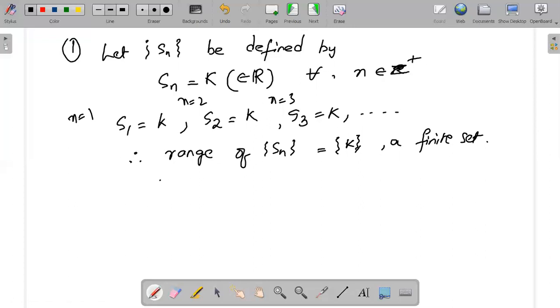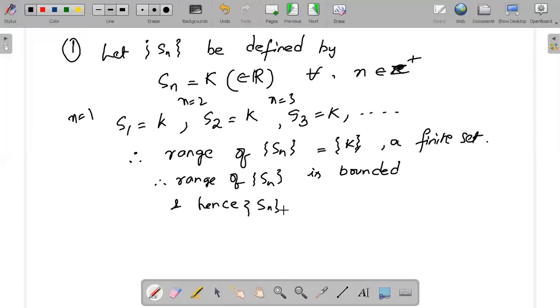Therefore, the range of the sequence Sn is bounded, and hence the sequence is bounded. So the range is bounded and the sequence is bounded.